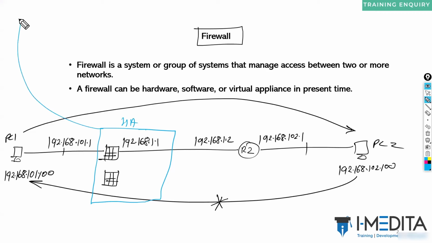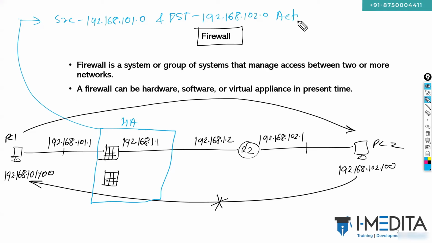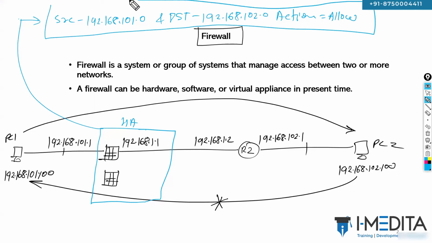The policy will be like this: if the source network is 192.168.101.0 and the destination network is 192.168.102.0, then the action should be allow. In this way, we need to define a policy on our firewall.